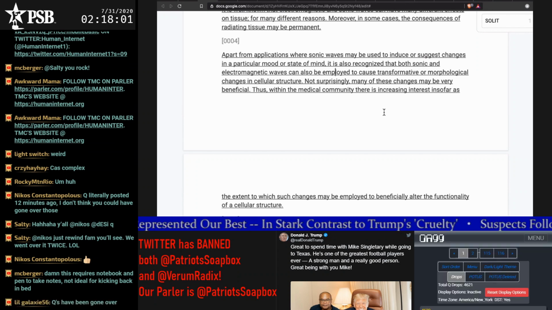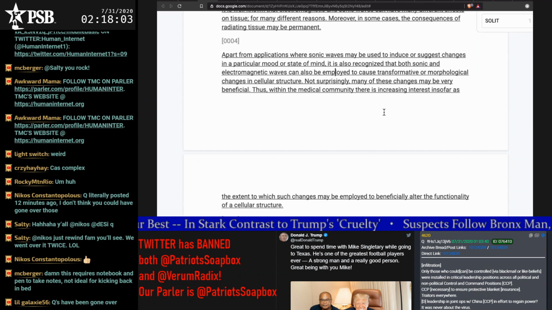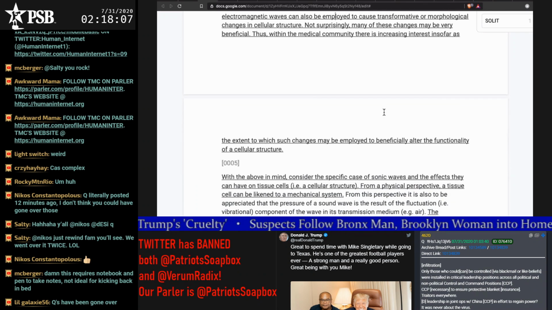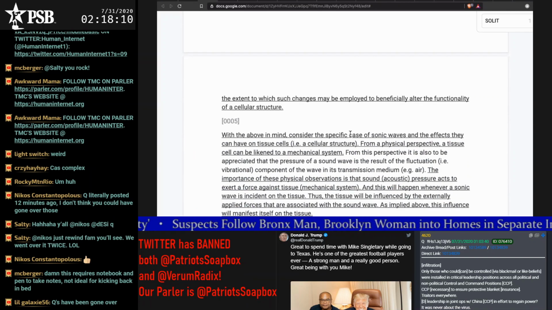Not surprisingly, many of these changes may be very beneficial. Thus, within the medical community, there is increasing interest insofar as the extent to which such changes may be employed to beneficially alter the functionality of cellular structures.